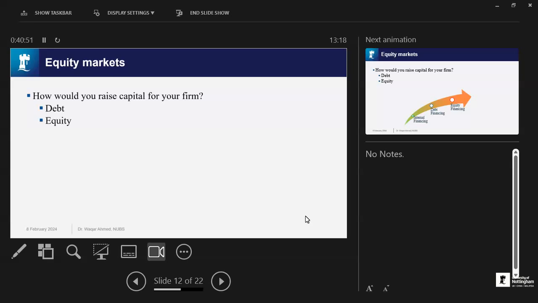So let's say I'm the finance manager, and I have to raise some amount of money, and I have to decide whether I'm going to use debt or equity. Now I want you to assume the role of investors. I'm the manager, I'm the firm. I'll come to you and ask for some money, and you have to decide what you are going to do.